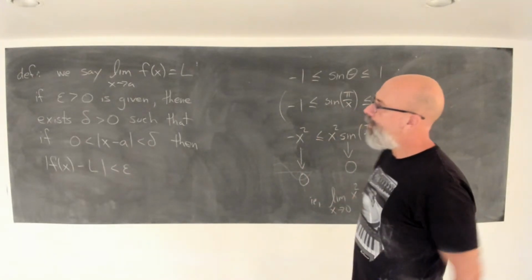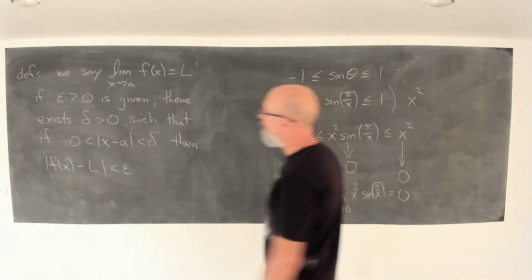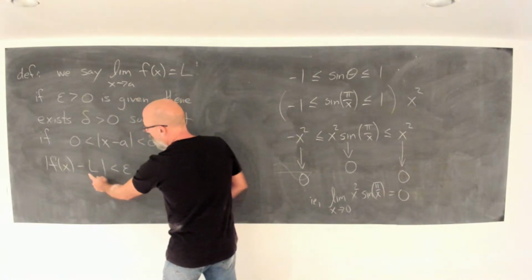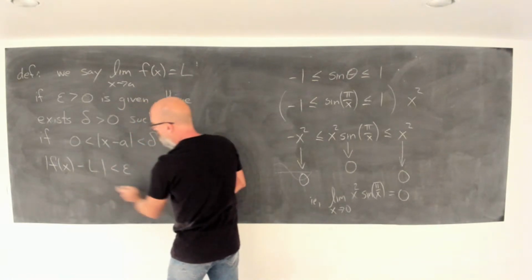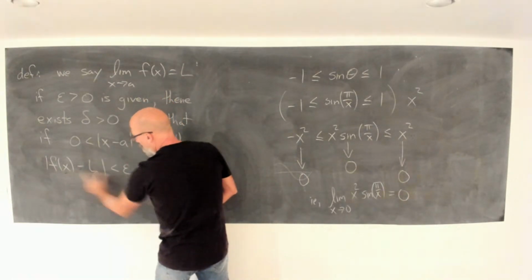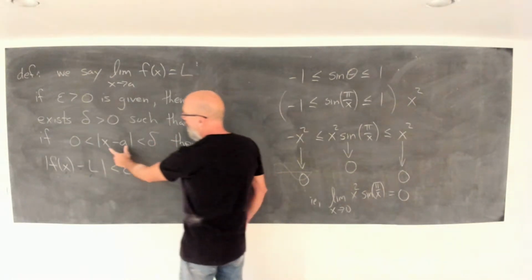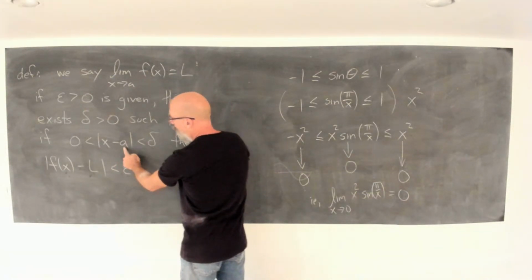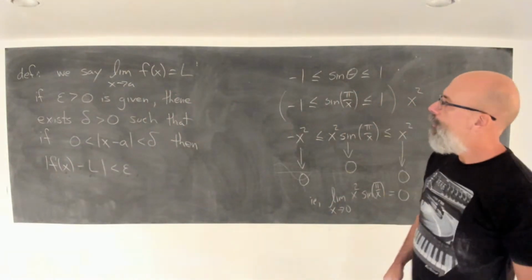Let's compare that to the arbitrarily close, sufficiently close business. f of x can be made arbitrarily close to L, right? The difference between f and L is at most epsilon if you take x sufficiently close to a, but not equal to a.